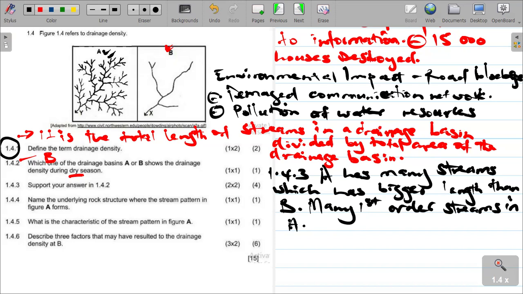We have more rain in A, which is shown by many first order streams that are forming there as a result of more rainfall.